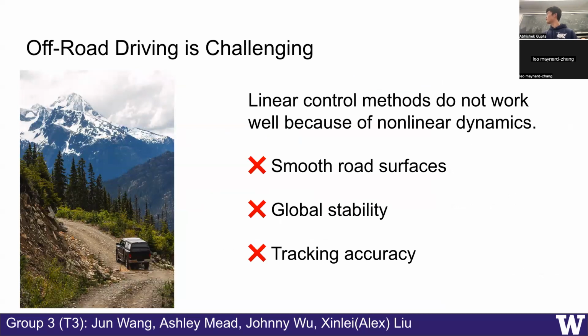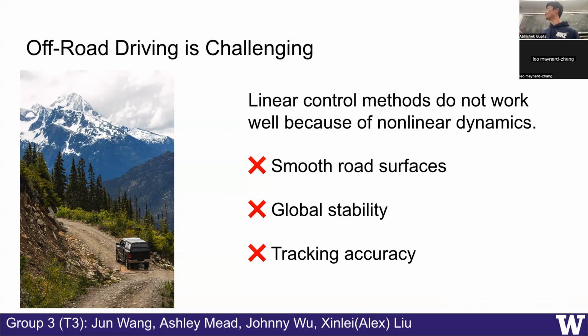Off-road driving is different because you're not driving on the public road, you're driving on nature. So you have these unpredictable nonlinear elements that impact the accuracy and orientation of your car. That's why linear control methods do not work, because of these nonlinear dynamics.